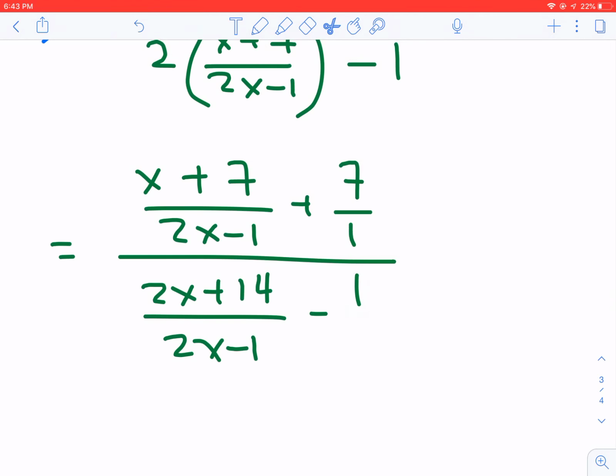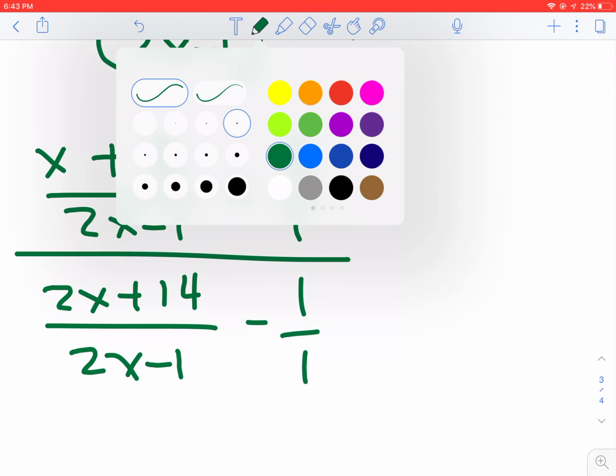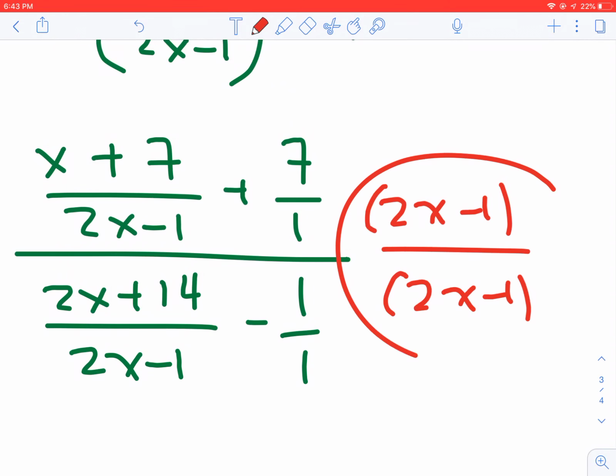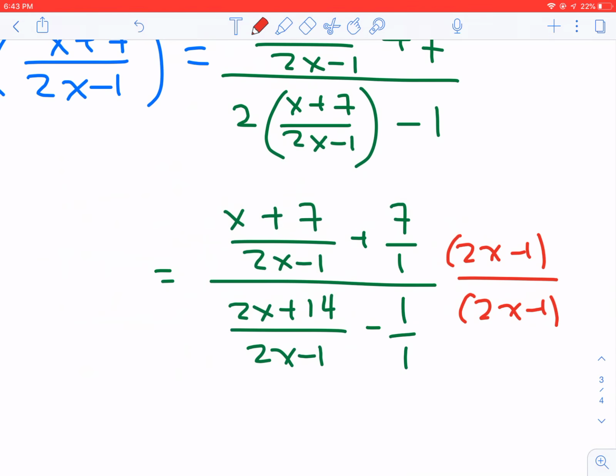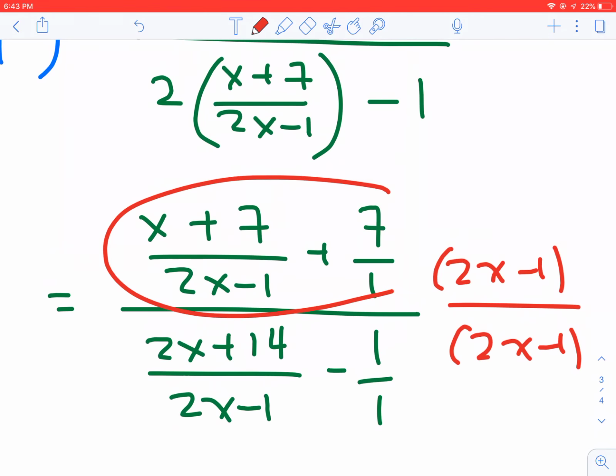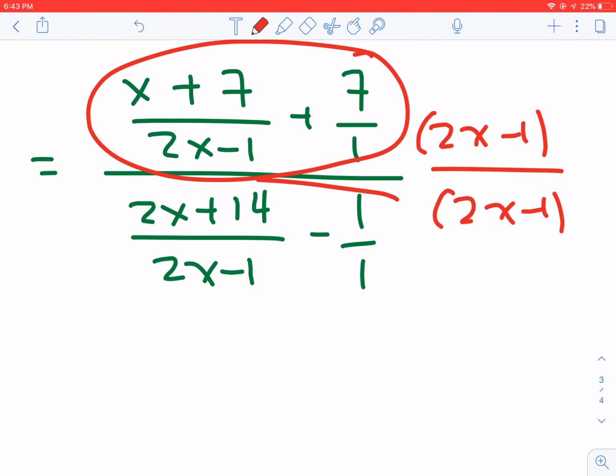But I can multiply by 2x minus 1 over 2x minus 1. Right? I'm multiplying by a value of 1, not changing it. And that's going to eliminate all of the fractions. Right? Again, if you don't like my method, you can make the top 1 fraction, you make the bottom 1 fraction, then you can change it to multiplication by the reciprocal.